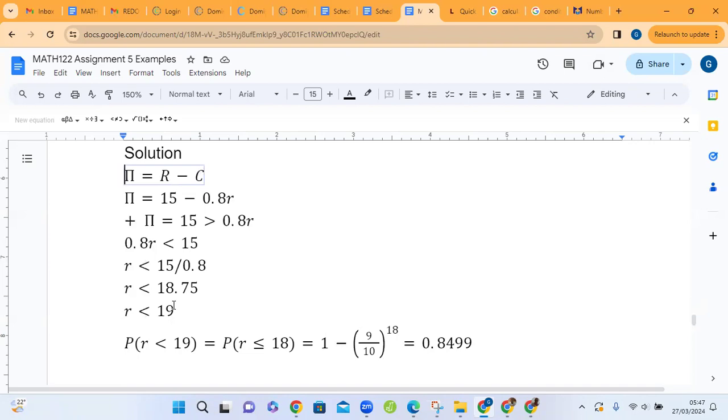And this is okay because if the student wins on the 18th trial, they will still make a profit.